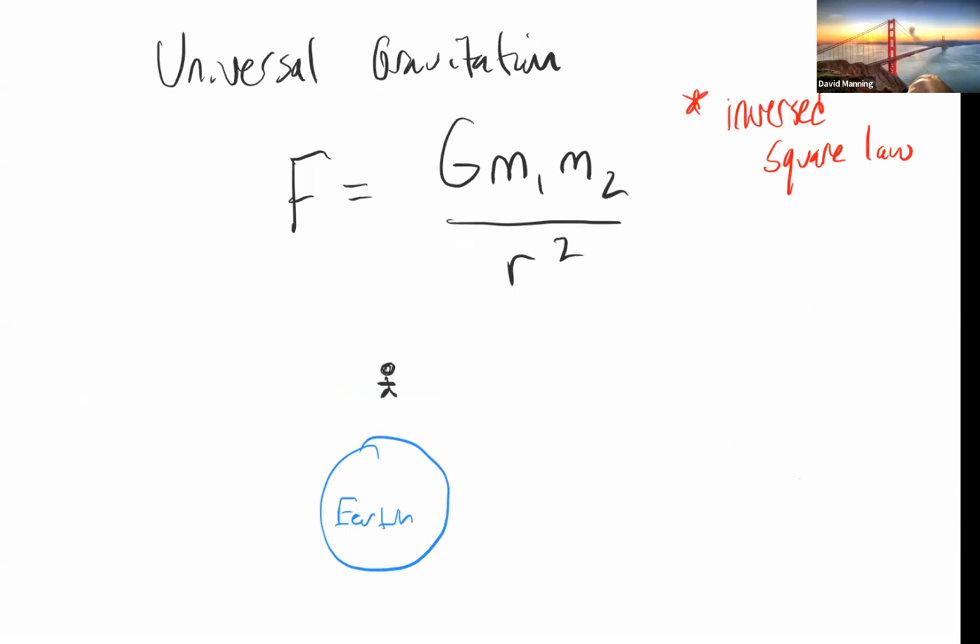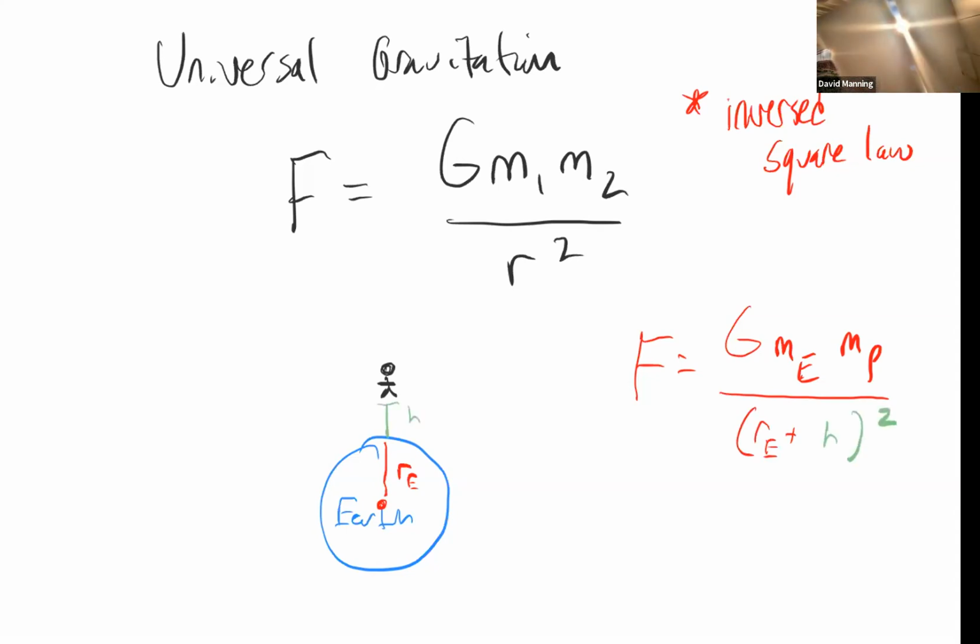So now our force of gravity, F, equals big G, the mass of the Earth, the mass of the person, and then the radius of the Earth, which is this distance, plus the height that this person's above the Earth. So it'd be the radius of the Earth plus the height, squared. So it's the total distance away from where you're located.